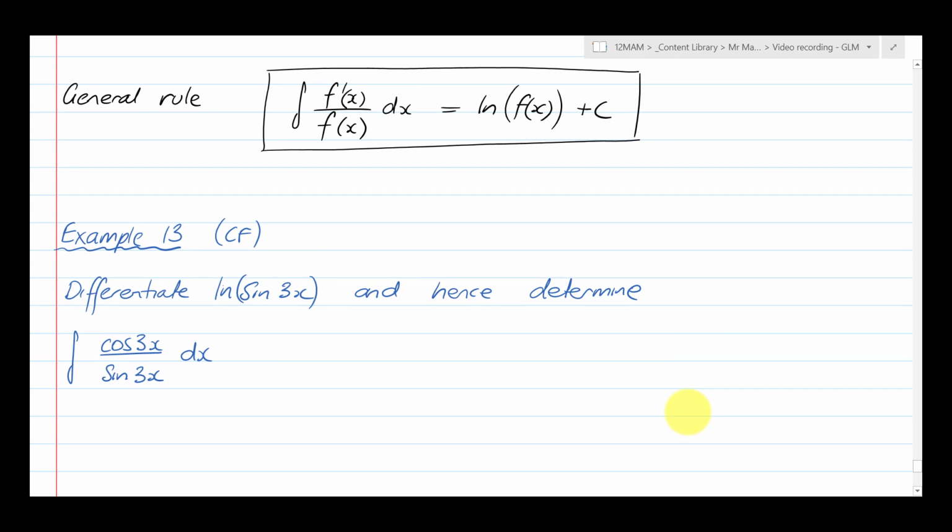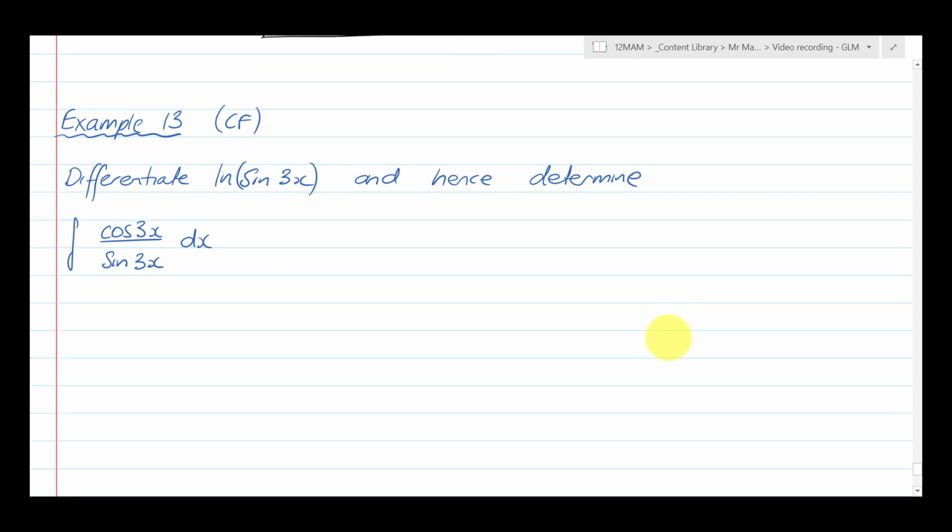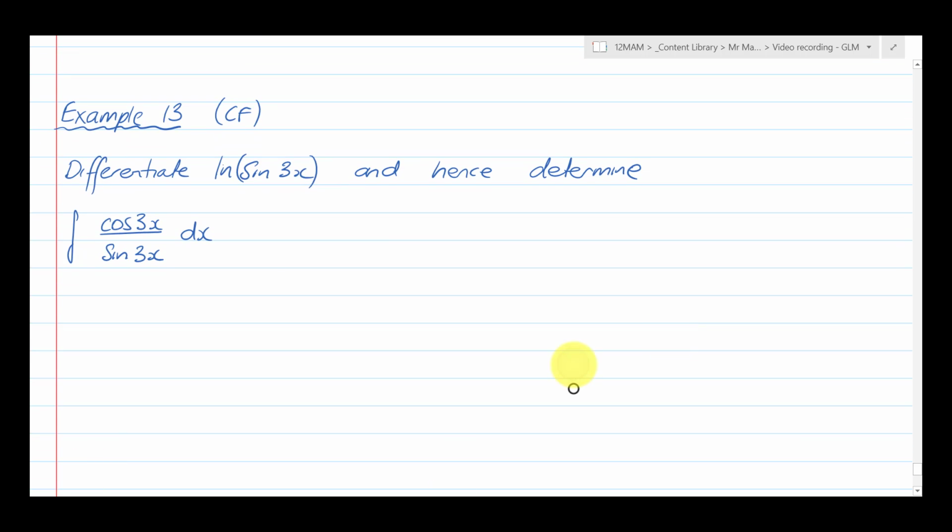Now let's have a look at a complex familiar question. These questions generally fall into the complex familiar category. Differentiate log sine 3x, and hence determine the integral of cos 3x over sine 3x with respect to x. Let's do part 1 first, which is to differentiate d dx of the natural log of sine 3x.